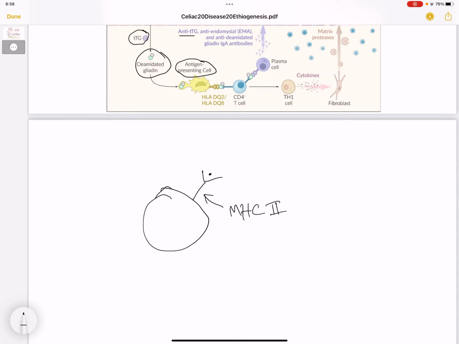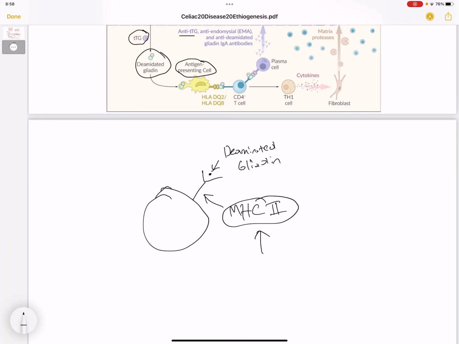Now, the antigen that it is going to show to our T helper cells is going to be the deaminated gliadin. Now, these MHC2 receptors are basically proteins that show antigens to our T helper cells.